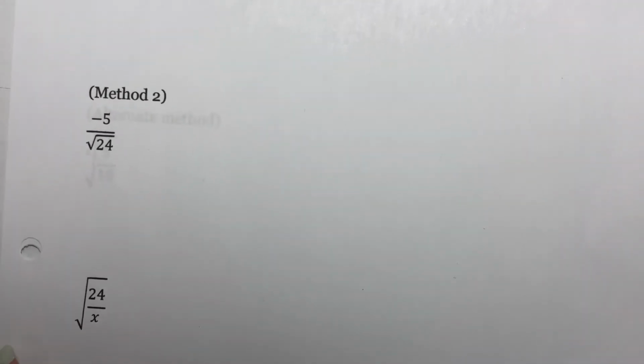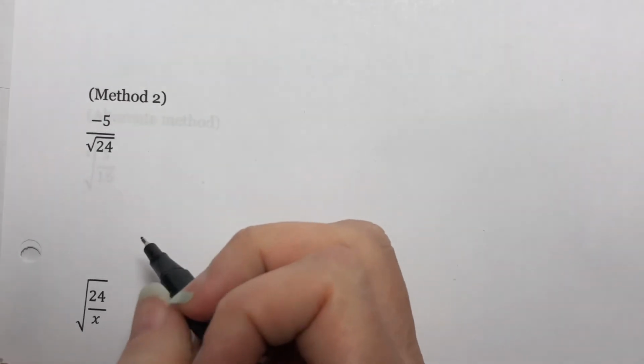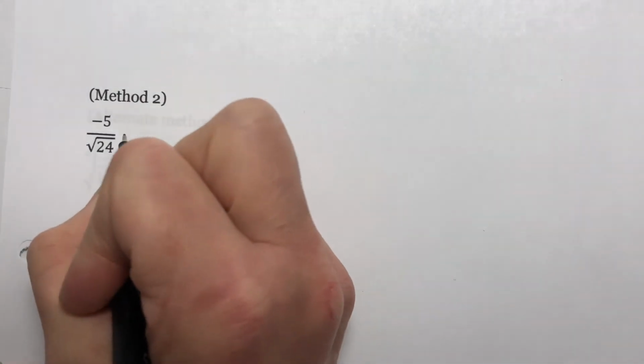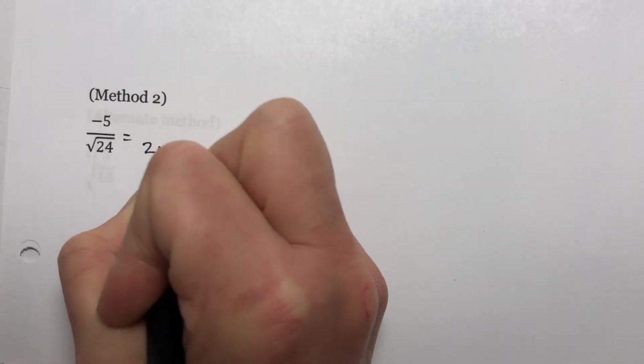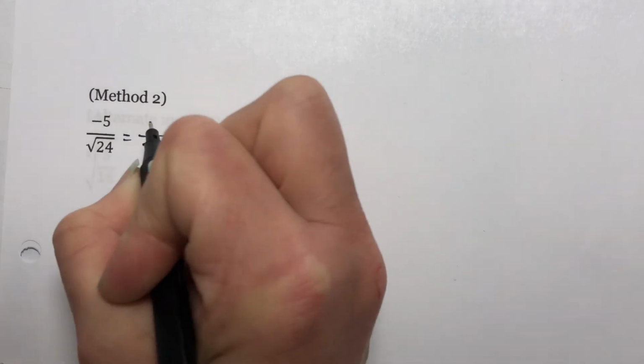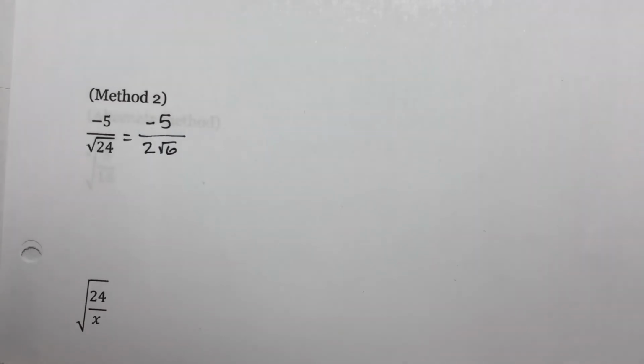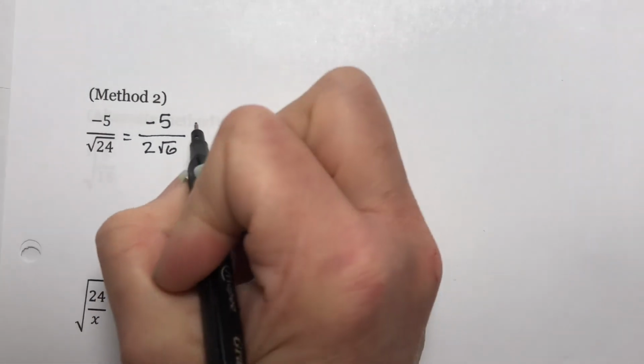Okay, let's simplify first and then rationalize. We just figured out that the square root of 24 is 2 times the square root of 6. So I'm simplifying like that. Now I'm going to multiply top and bottom by the square root of 6.